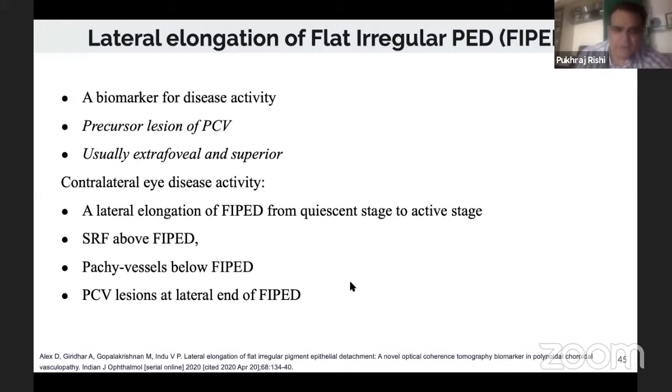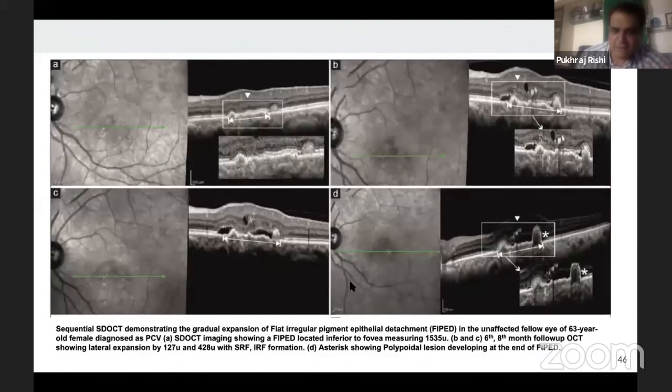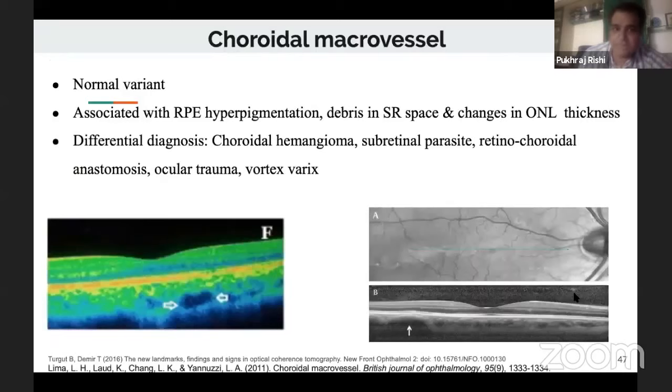And they also saw in the study that it is a precursor lesion for PCV in the fellow eyes. So this could be an important sign for us to follow. And here you can see there is fluid above this irregular PED, and eventually there will be PCV lesions at the edge, this abrupt elevation of RPE, these polypoidal lesions at the lateral edge of the PED. So this is a good way to follow up such cases.